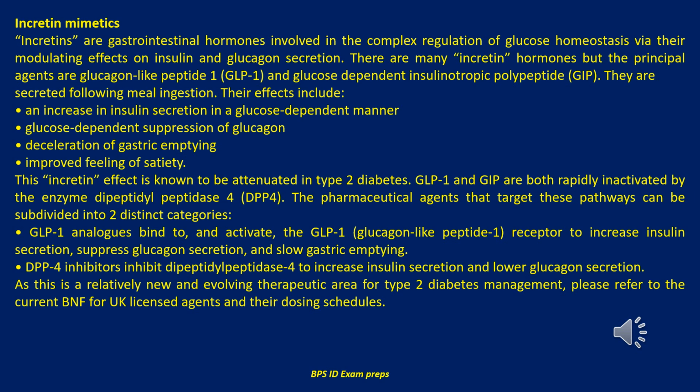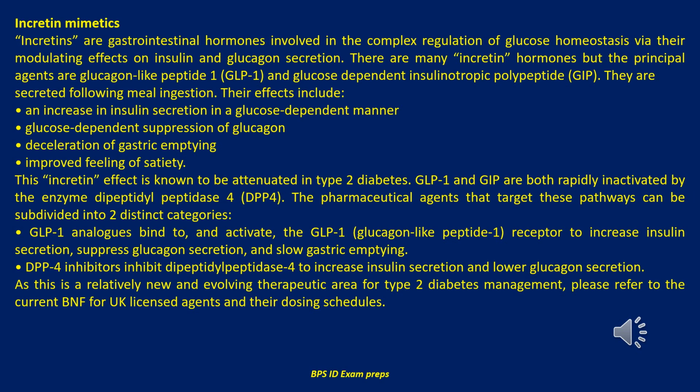The pharmaceutical agents that target these pathways can be subdivided into two distinct categories. 1. GLP-1 analogues bind to, and activate, the GLP-1 glucagon-like peptide-1 receptor to increase insulin secretion, suppress glucagon secretion, and slow gastric emptying. 2.